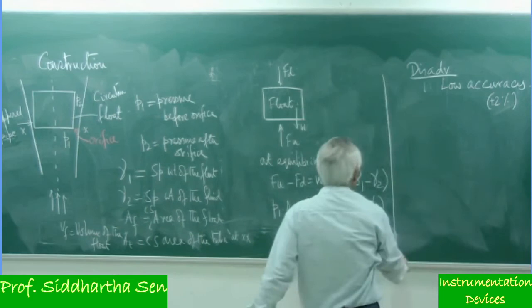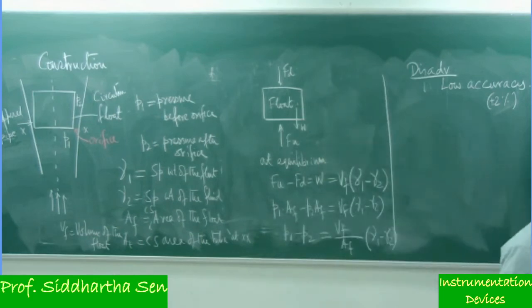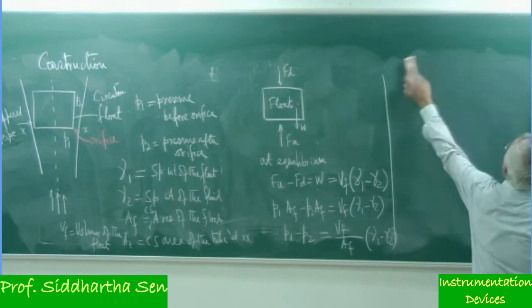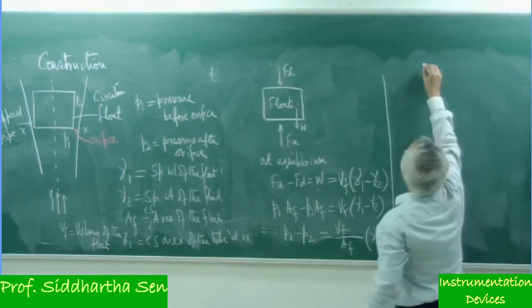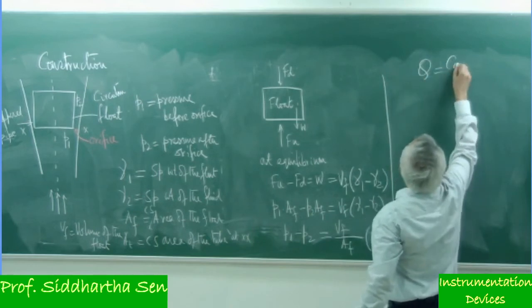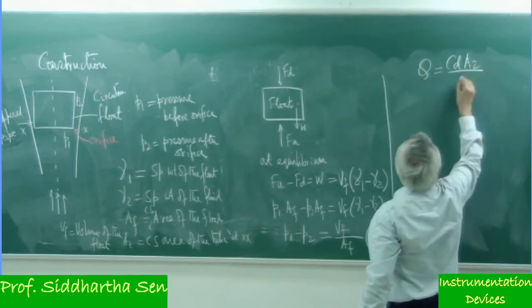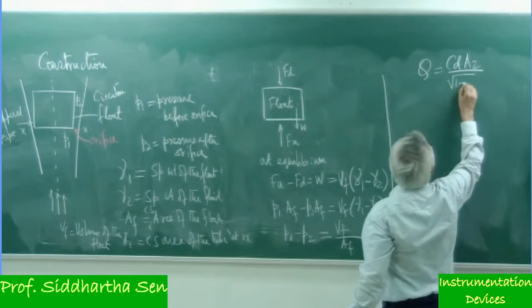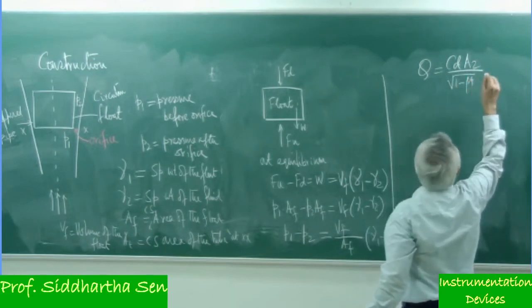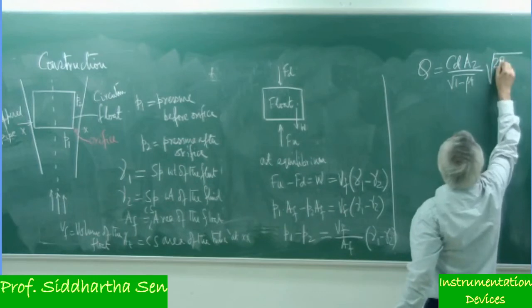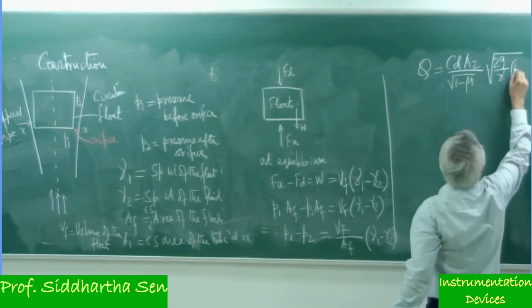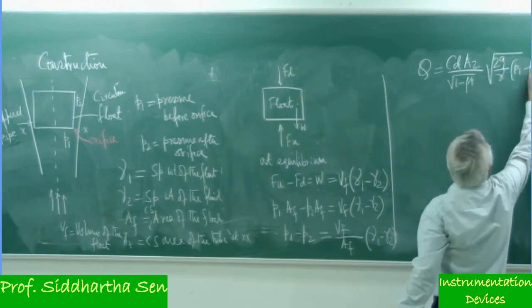Now I go to the very basic expression which we started with, that is Q is equal to CD into A2 divided by the square root of 1 minus beta to the fourth, and root over 2g by gamma into P1 minus P2.